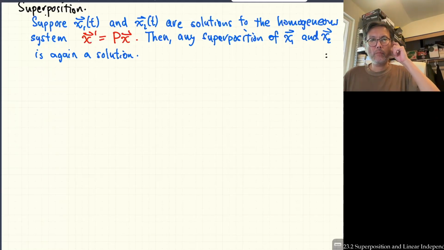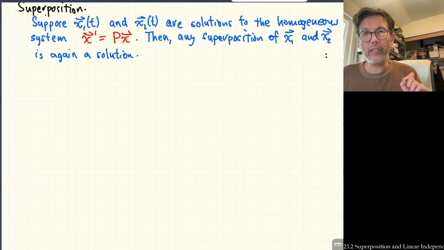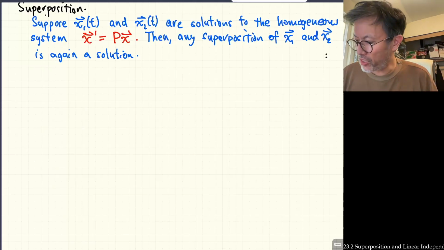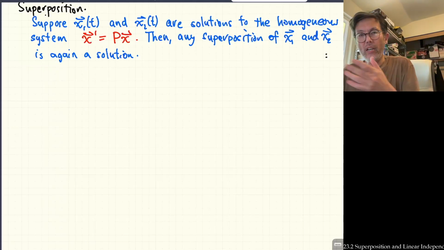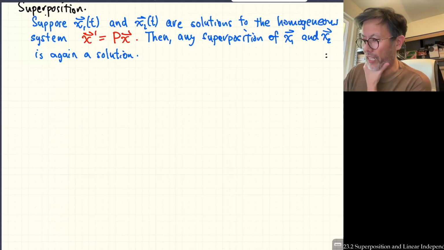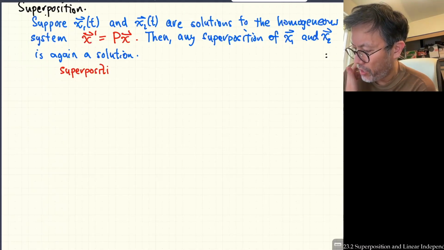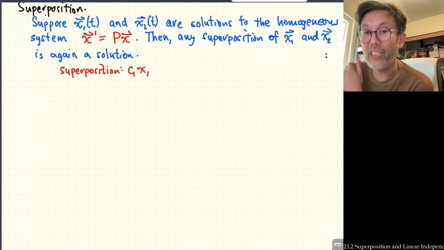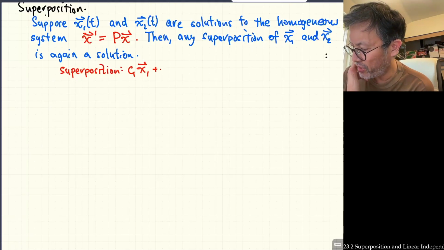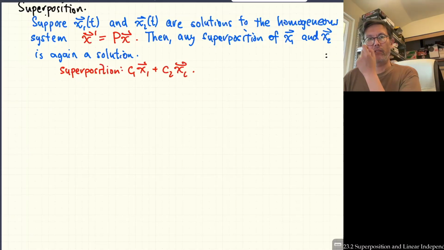Okay? This should be relatively clear, actually, okay? Because let's just think. Suppose that we take, for example, c1 times x1. So a superposition is something that looks like c1 times x1 plus c2 times x2. That's a superposition of x1 and x2.